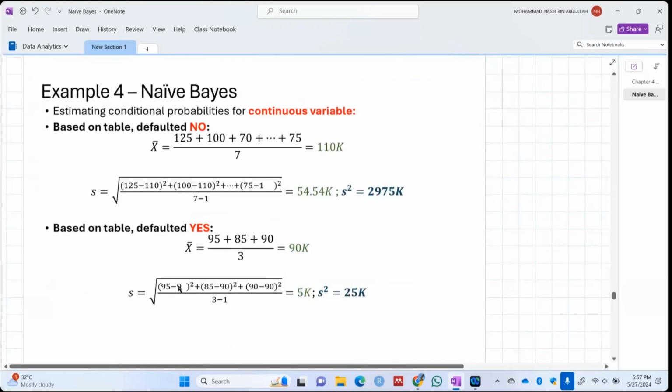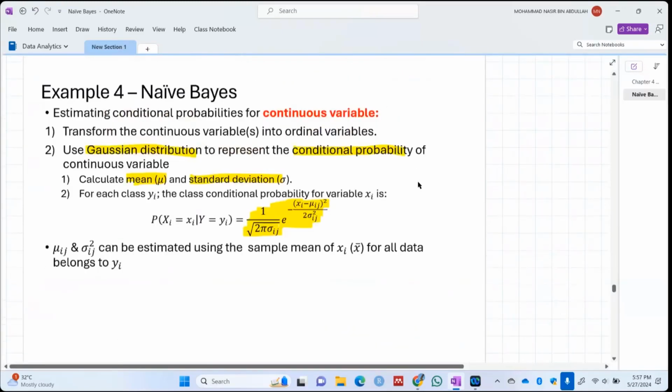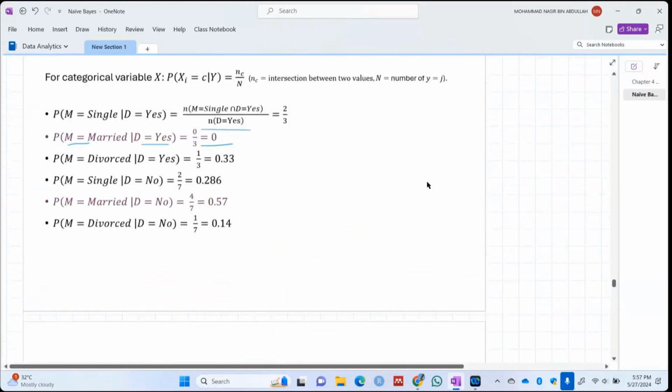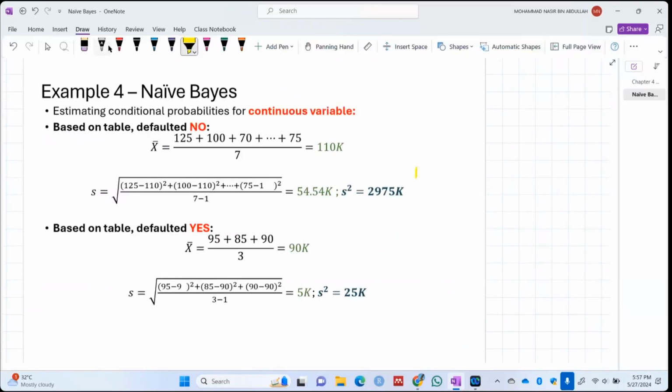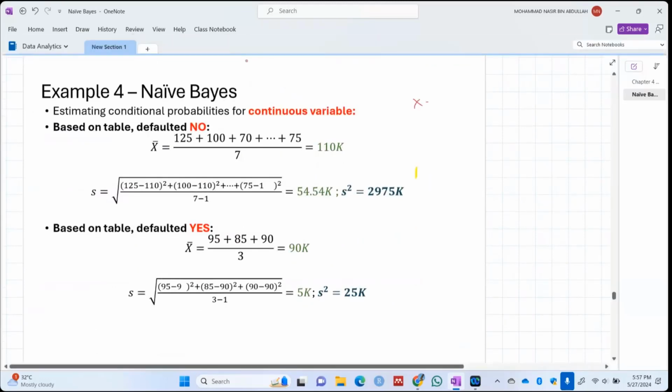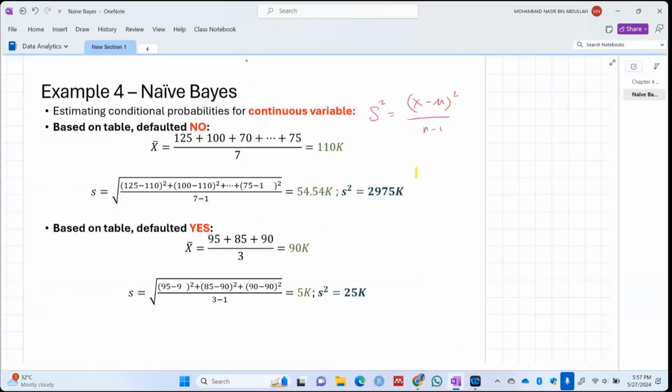So standard deviation is the observed value minus the mean, this is the formula. X minus mu square divided by n minus 1. This is the variance. So for standard deviation we need to take the square root of the formula.